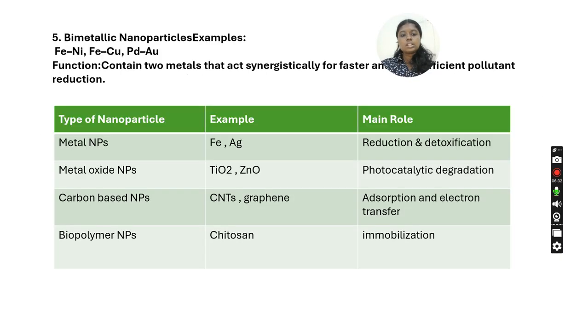Okay, and the fifth one is bimetallic nanoparticles, and Fe-Ni, Fe-Cu, Pd-Au are the examples. They are the combination of two metals.